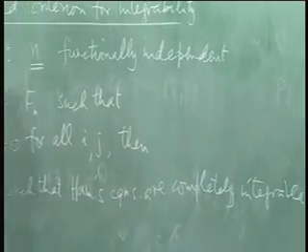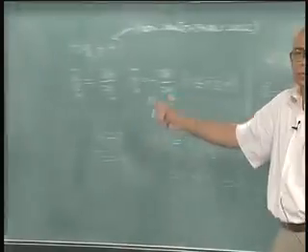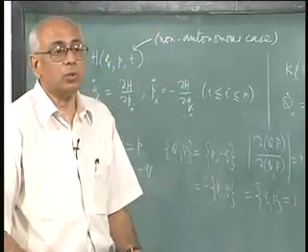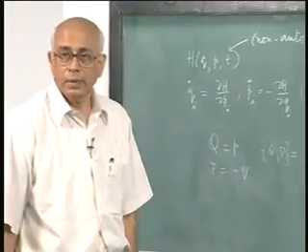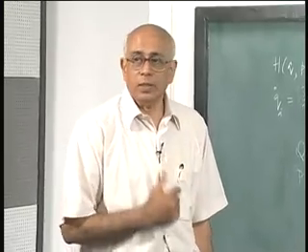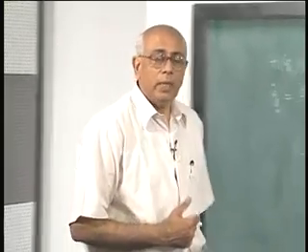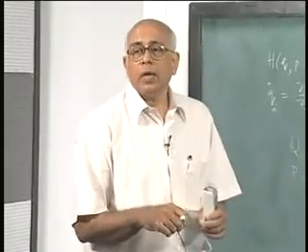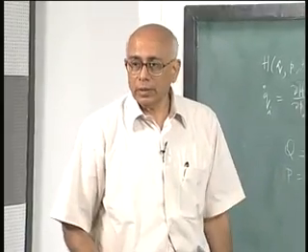By that I mean you can explicitly solve all these equations, write down all the q's and p's in principle as functions of t. This is a necessary and sufficient condition. You need these to be functionally independent and you need them to have 0 Poisson brackets with each other.